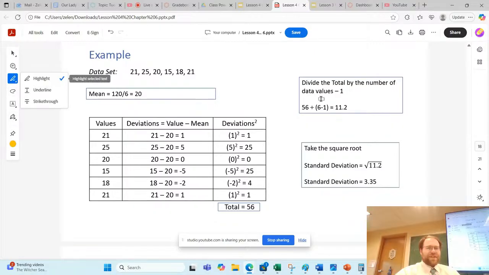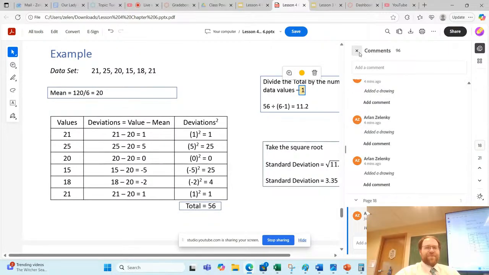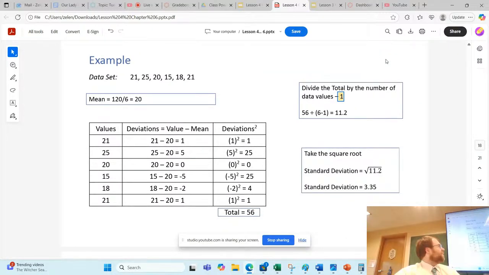I'm just going to highlight where that is. Do you add one instead of subtracting one? Or do you just not add or subtract anything? Yep, so we won't subtract anything for population.